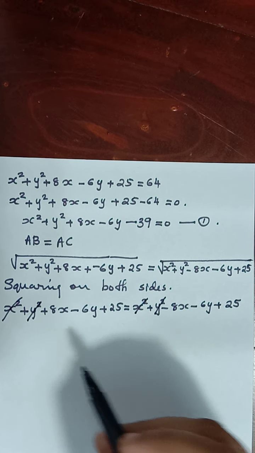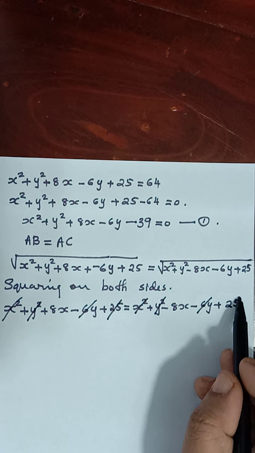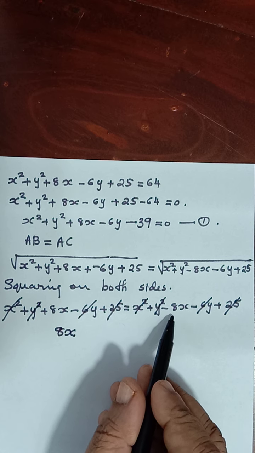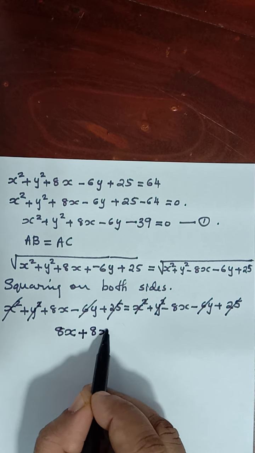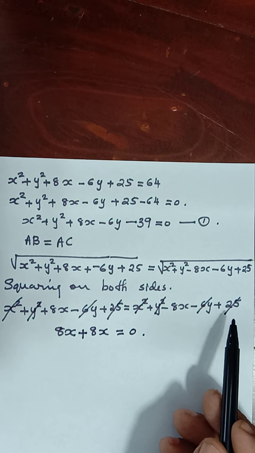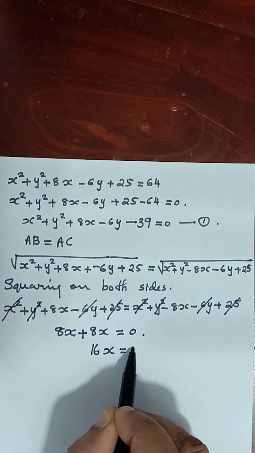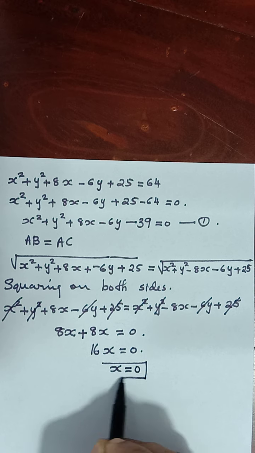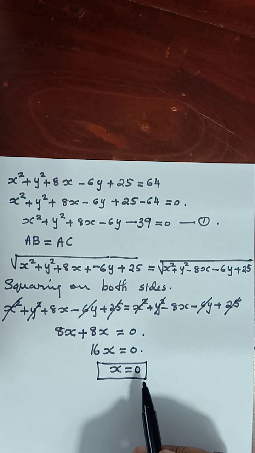X square, y square is getting cancelled. Negative 6y getting cancelled and 25 also. That means 8x minus 8x, to the left side becomes plus 8x, equal to 0. On the right hand side we don't have anything. So here we have 8 plus 8, 16, x is equal to 0. Therefore x is equal to 0.